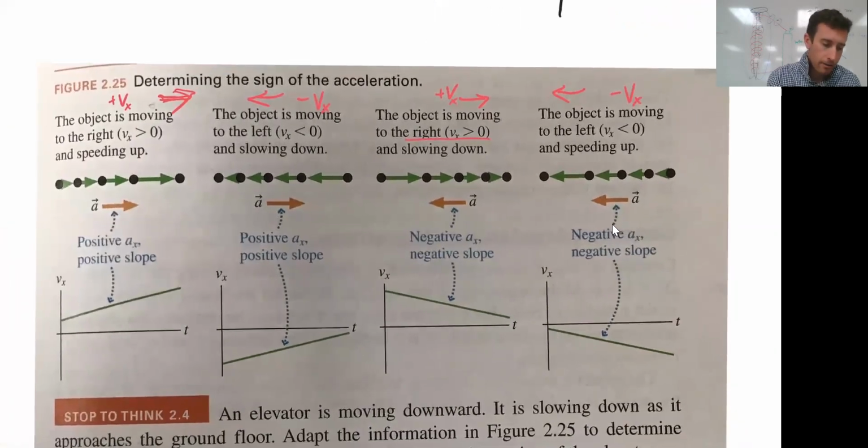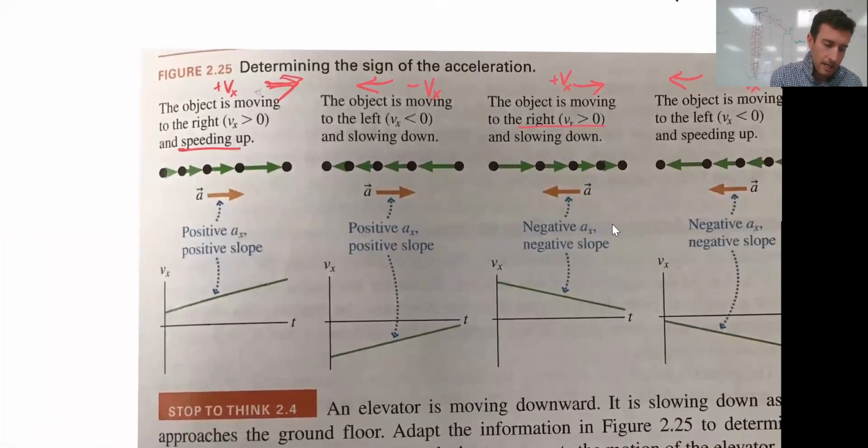All right, speeding up means increasing the speed. So if I'm moving positively and increasing the speed, acceleration is going to be positive. Positive, positive gives me a positive. The other case is if it is moving to the left, so it's a negative velocity, and it's slowing down.